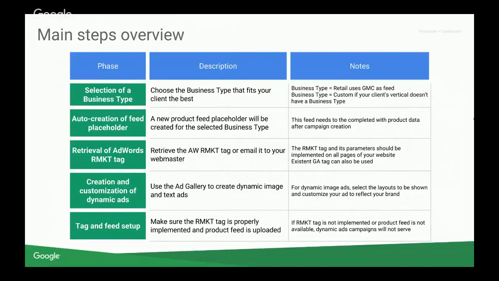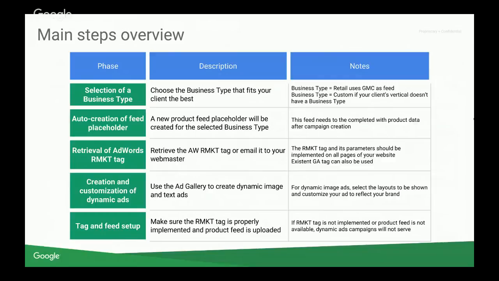So yeah, this is pretty much a summary of the phases and what you need to do in terms of setting up your dynamic remarketing campaigns. So number 1 would be selection of the business type. You would have to choose the business type that fits your client the best. Then you have the auto creation of the feed placeholder. Even though the feed was created, you still need to implement all the necessary details about your products.